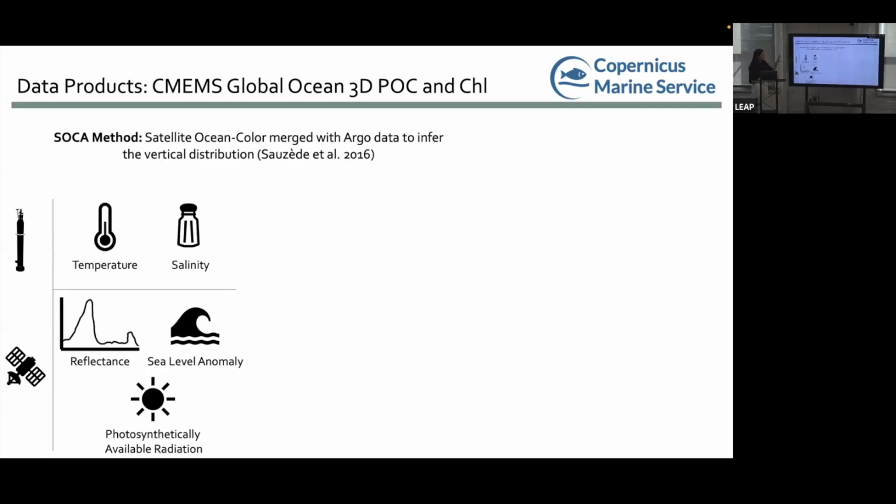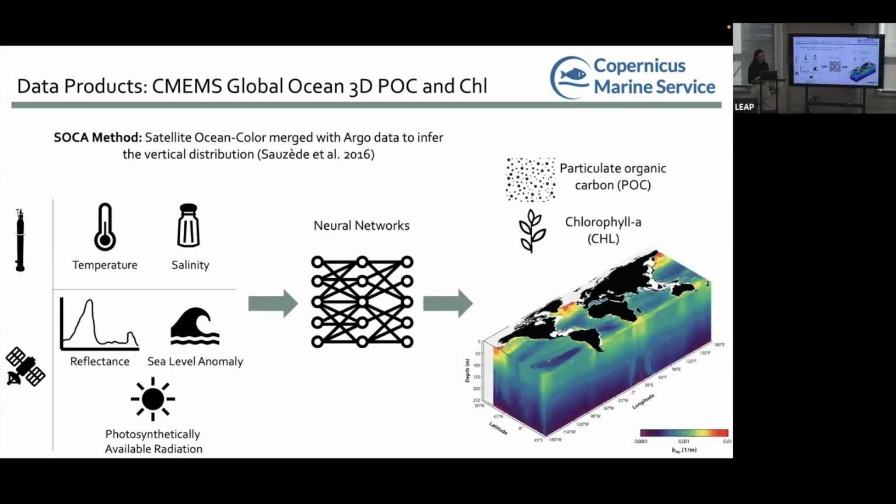So this method uses several different variables from BGC-Argo and satellites as inputs to a neural network. And the downstream result is a gridded data set for POC and chlorophyll that is both time and depth resolved.